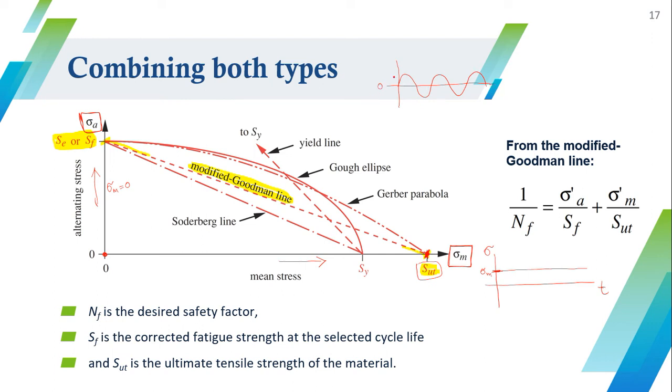So this is the 0 line, this is sigma, and this is our time here. Sigma m here is 0 because we have an equal portion above 0 as below 0. So this case is represented on this vertical line. And in this case, we have some alternating component of stress. This is the alternating component, sigma A.